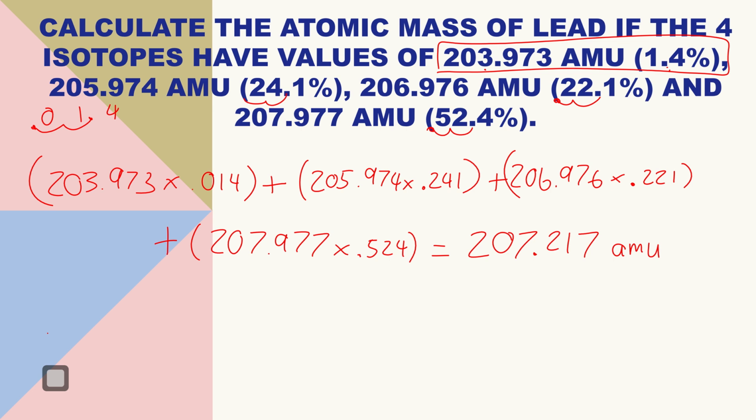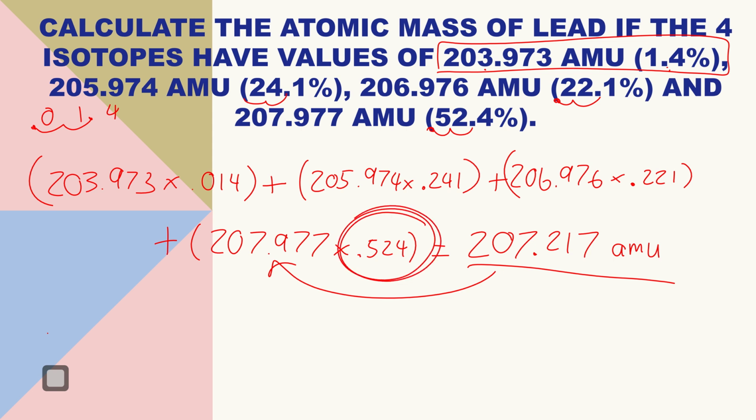So there you go. And you can see that it comes out closest to the 207 one. Why? Because it has the largest percentage. There you go.